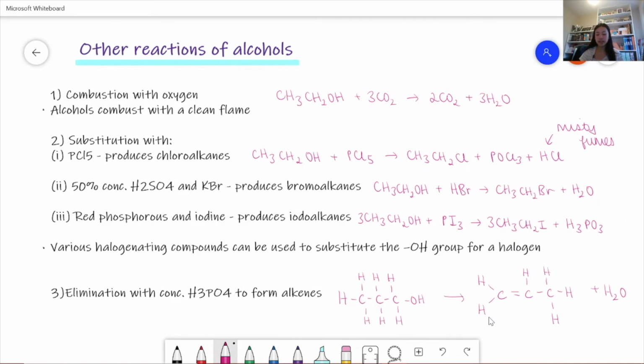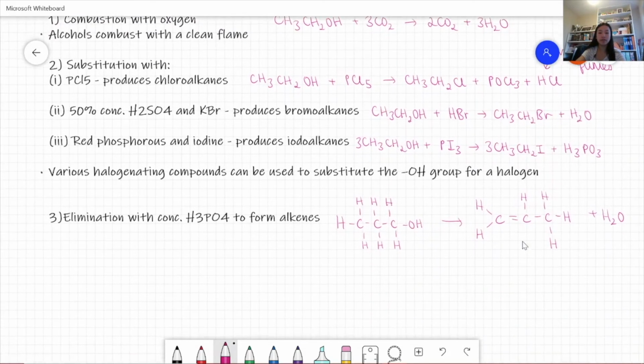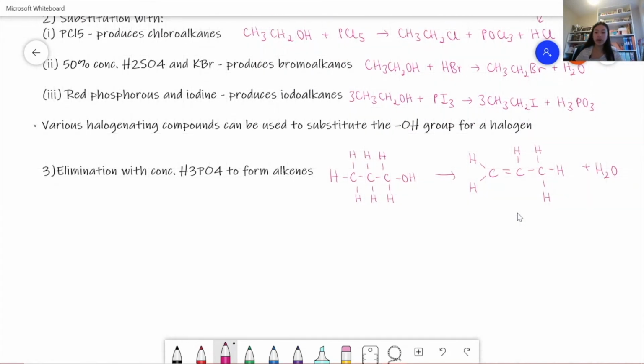And some secondary and tertiary alcohols actually can give more than one product when the double bond forms between different carbon atoms. So for example, if we look at butan-2-ol, we have 4 carbons in the main chain, and then we'll have an OH here on the second carbon. And then these are all hydrogens.